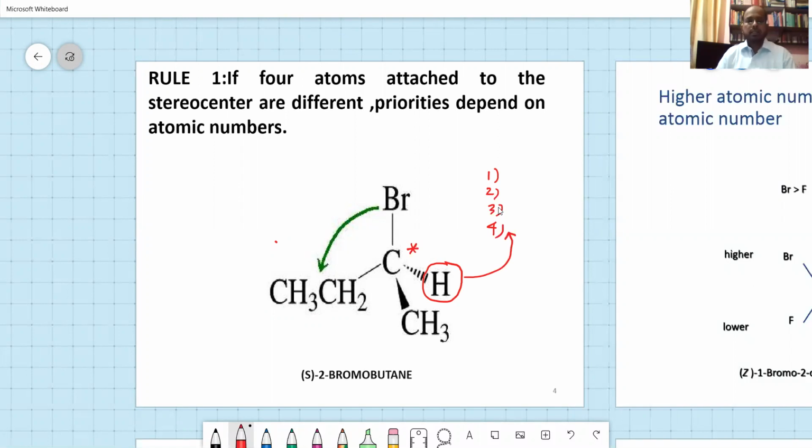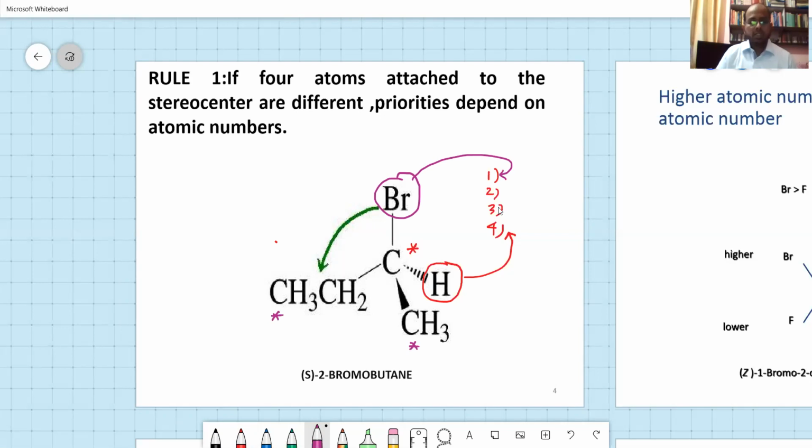Because hydrogen is omitted, the rest depends on the next groups attached to those atoms. You will see that bromine has the highest priority because it has a very high atomic number, and therefore it will go to place 1. Then you'll have carbon as well as carbon.